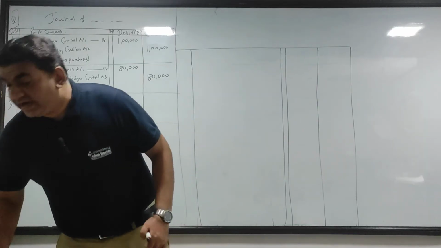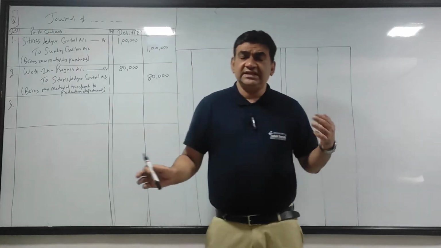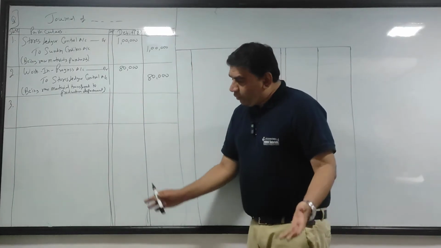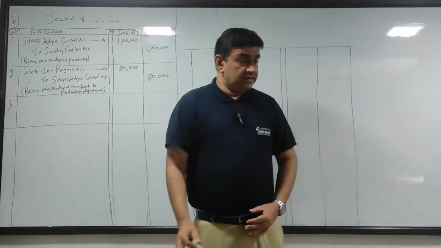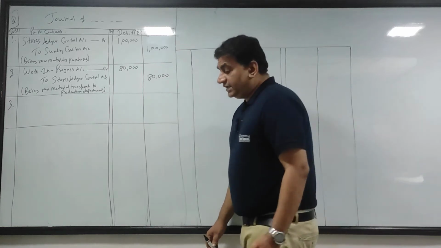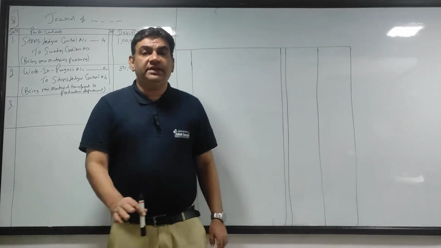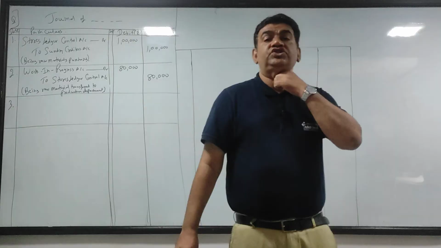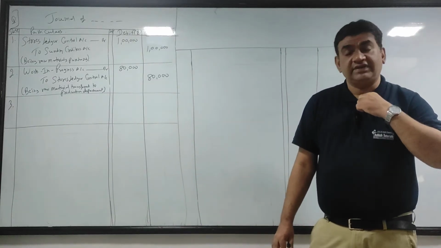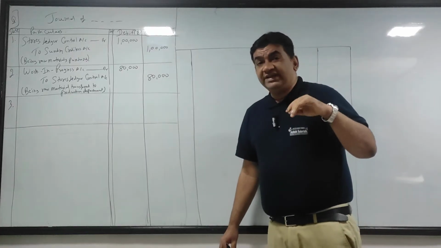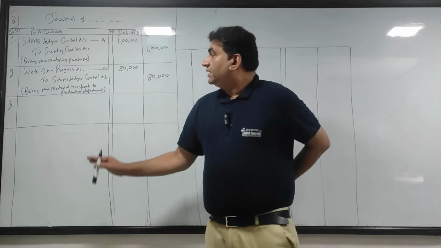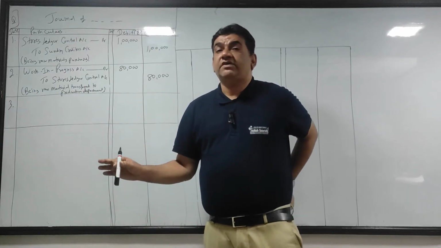Obviously you are carrying out the manufacturing process, manufacturing goods, and without the help of workers, goods will not be manufactured at all. Therefore you have to incur wages. Now when I incur wages, normally we debit wages account, but this is an integrated system of accounting.